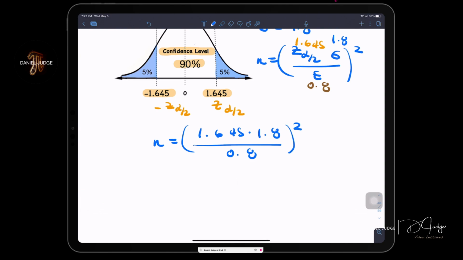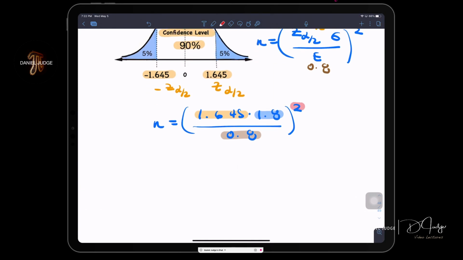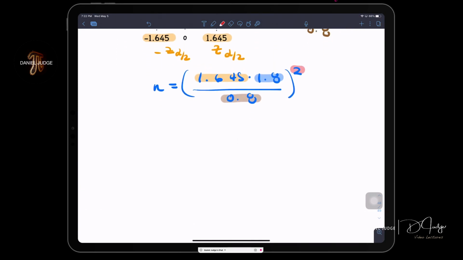So this will all be going in our calculator. Now double check here: Z alpha over 2 value, standard deviation, margin of error, and then you're going to square that whole thing. All right, let's try this out. Let's see what we get.